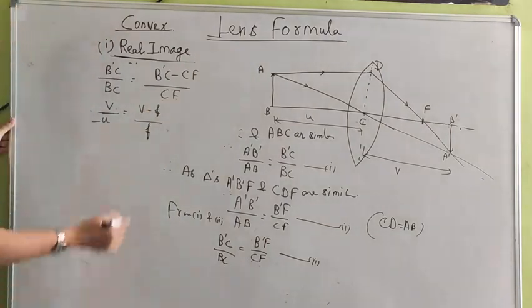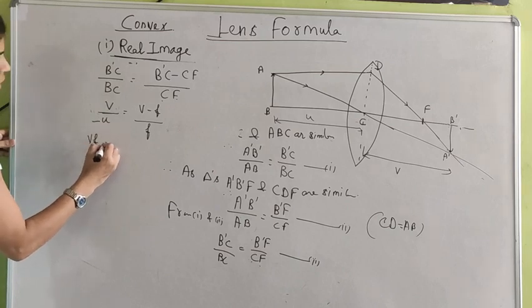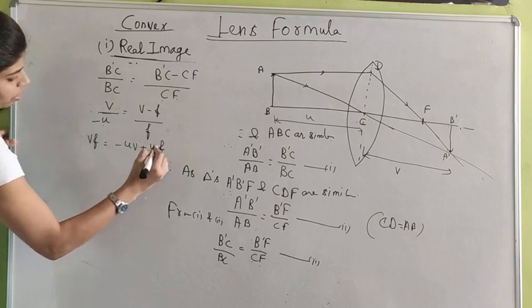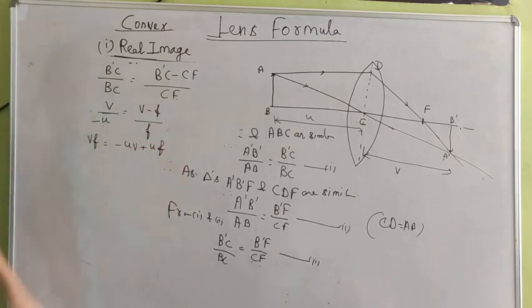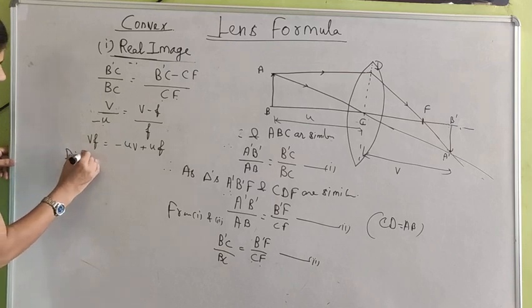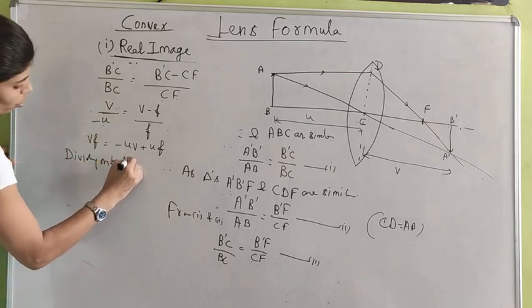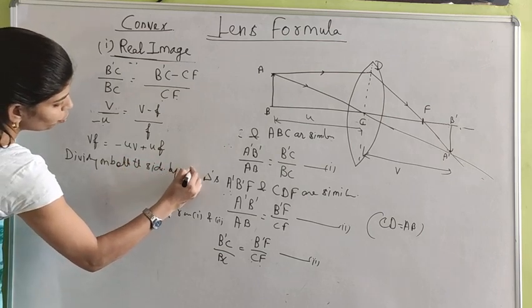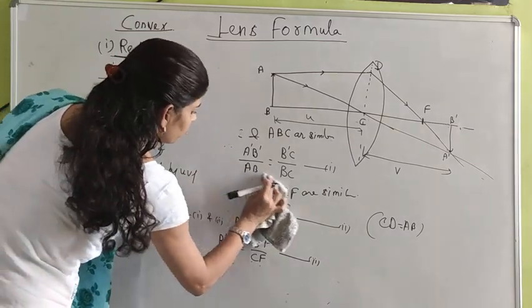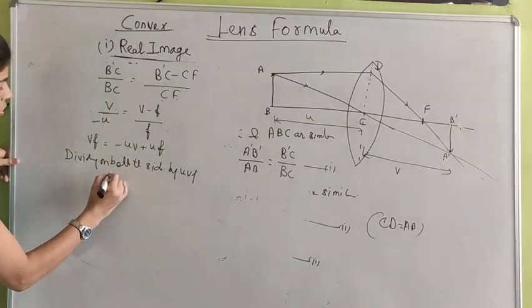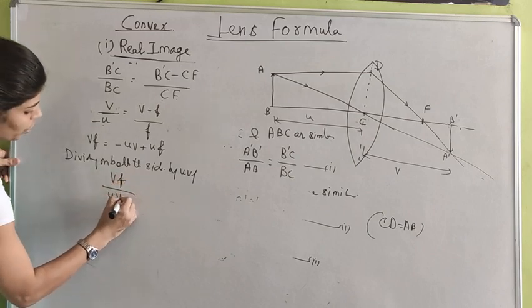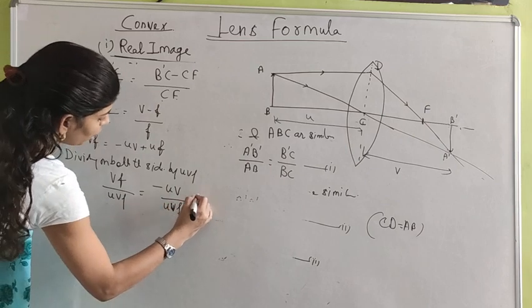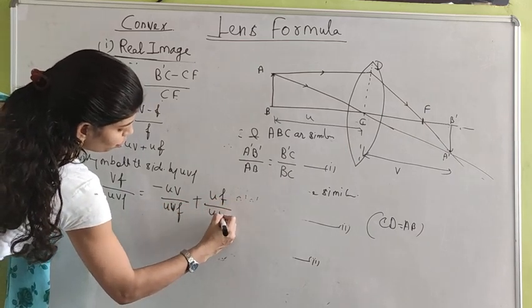We will cross multiply. It would be VF is equal to minus UV plus UF. Now we will divide on both the sides by UVF. Now see, VF over UVF is equal to minus UV over UVF plus UF over UVF.